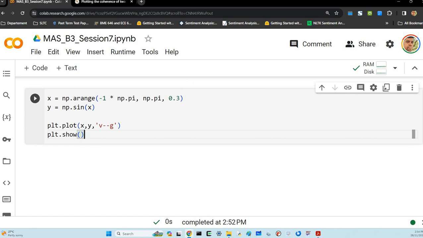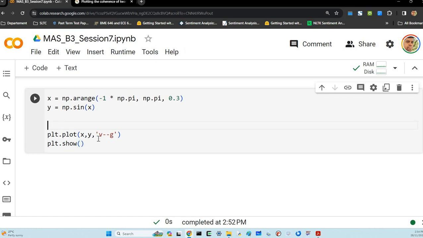For the updated version, we will usually separate out our graphic, the figure, and the axis, using the subplots command. This command I will revisit when we want to have multiple plots in the same figure.